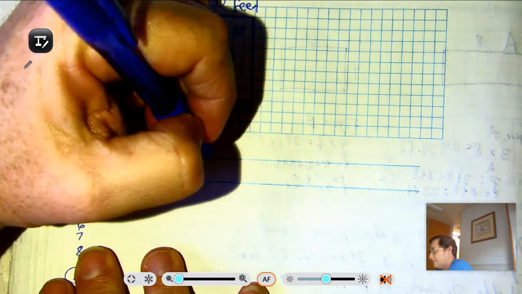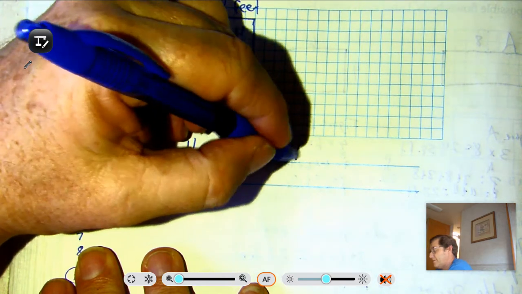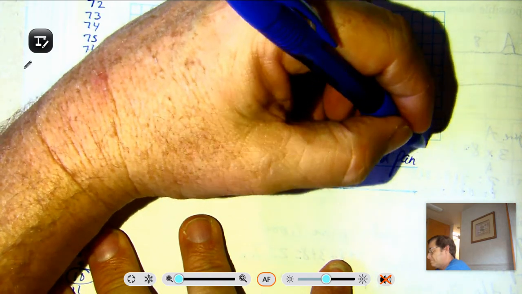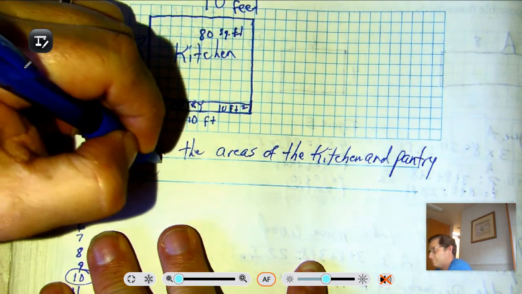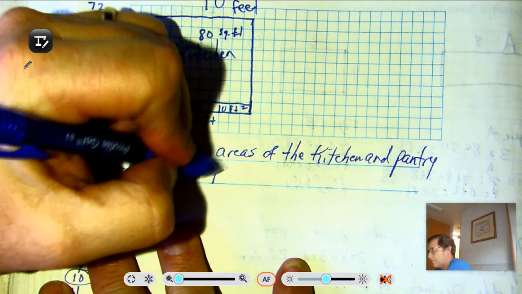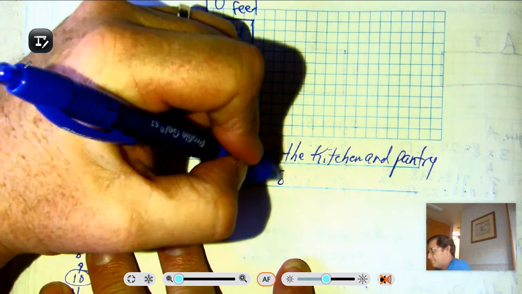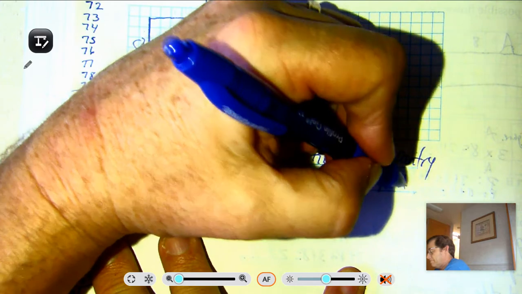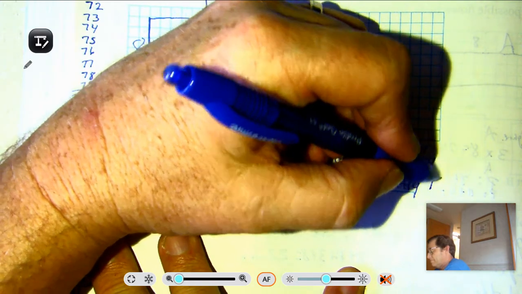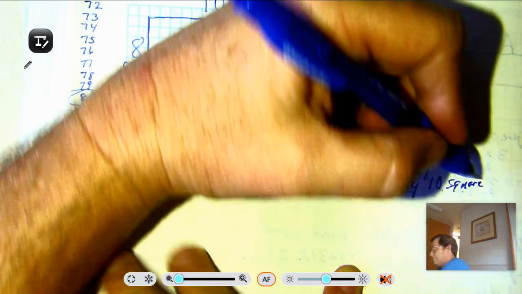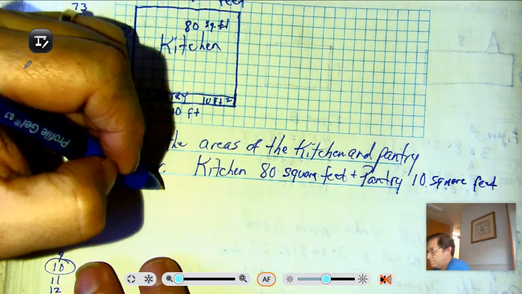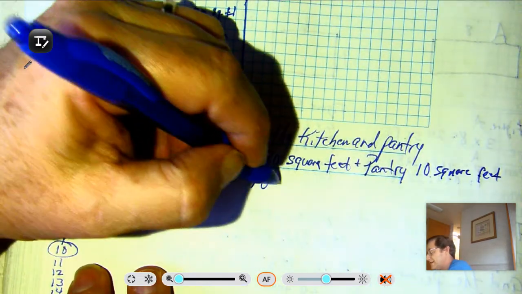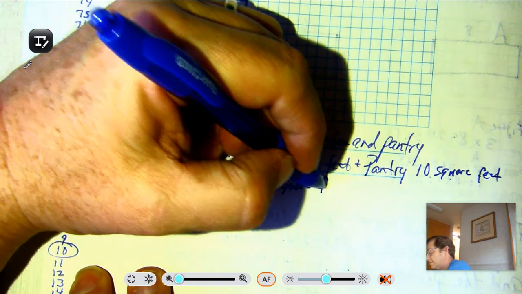Add the areas of the kitchen and pantry together. 80 plus 10 equals 90 square feet.